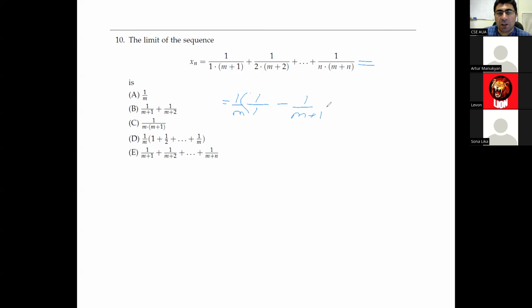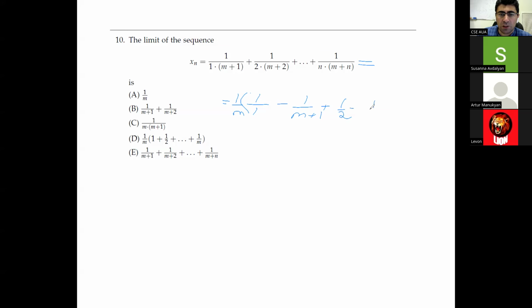Okay. The second term can be written as 1/2 minus 1 divided by m plus 2. Next term, 1 over 3 minus 1 over m plus 3, etc., etc. And then at the end, let me write the last two terms and we will discuss.